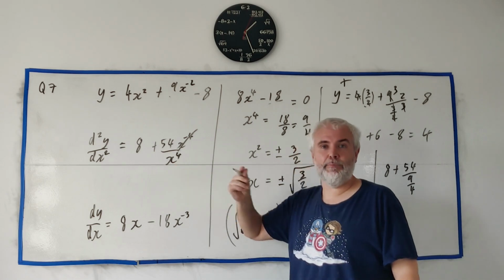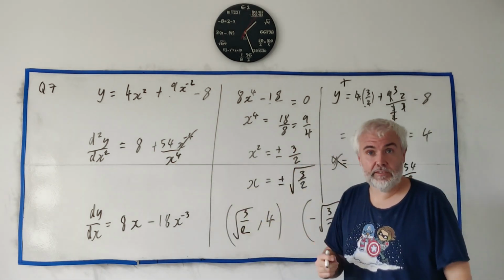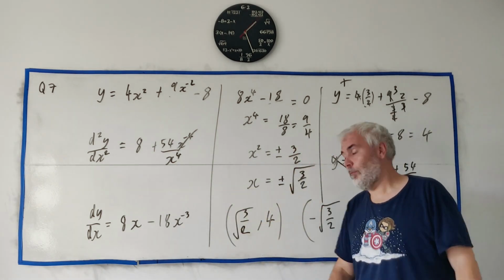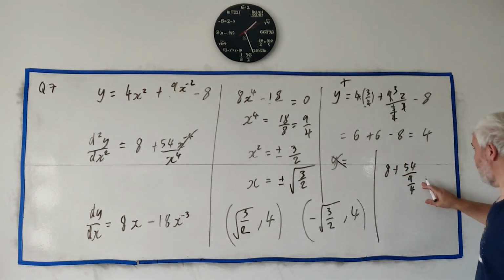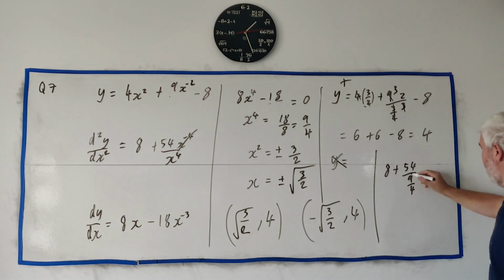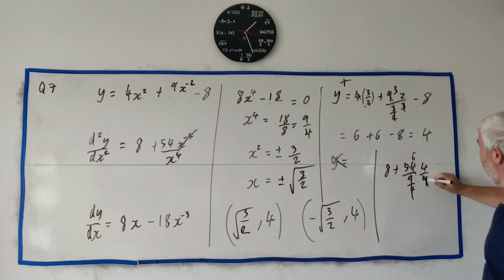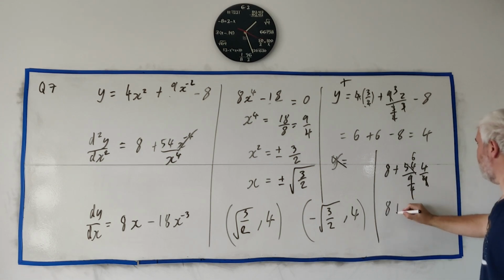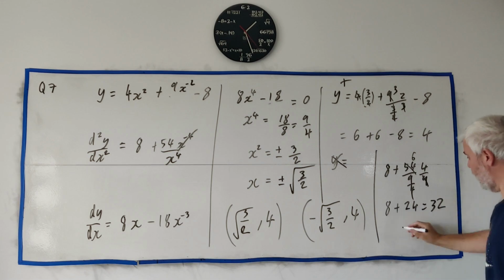If it's a minus, it's minus by minus by minus by minus. 4 minuses make a plus. Either way, this is a plus. We don't even have to multiply this out, in fact. Well, let me continue on. This is 4 over 9. 9 goes into that 6 times. This is 8 plus 24, which is equal to 32.